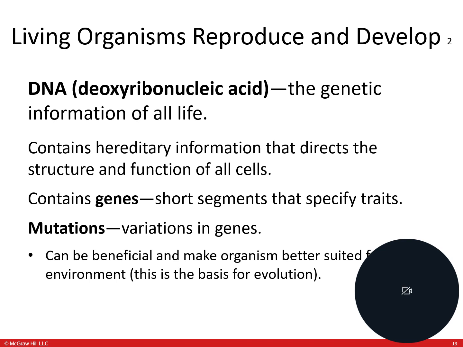The fact that you have blue eyes and brown hair and you're 5'5" versus 6 feet tall, those are all things that were programmed or hardwired into your genetic information that you receive from mom and dad, and that's your DNA. It has all the hereditary information that basically is the blueprints that direct the instructions as you're being built of how tall you're going to be and what color hair you're going to have and what color eyes you're going to have and how coordinated you are, things like that.